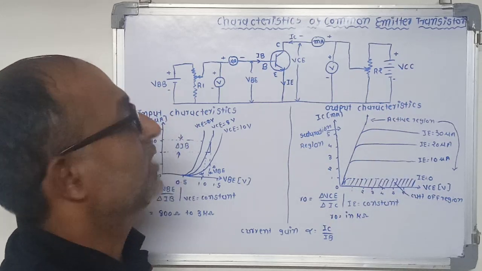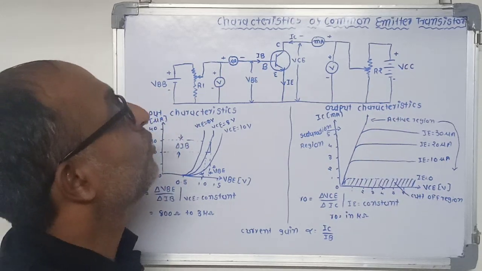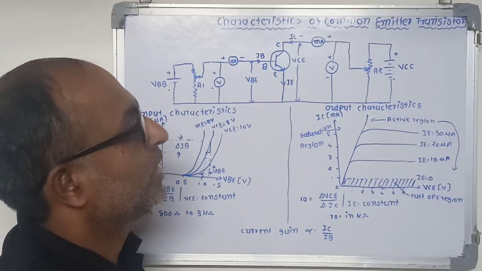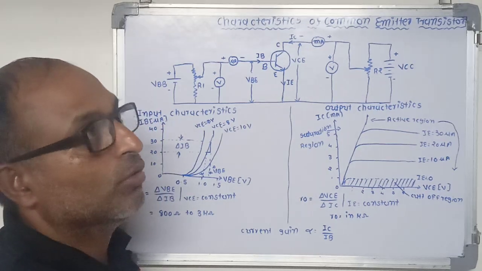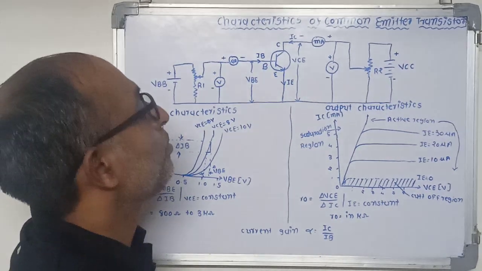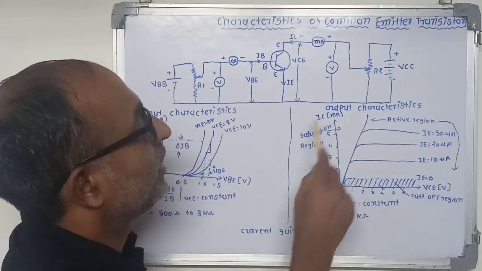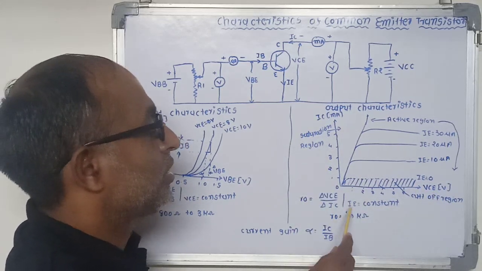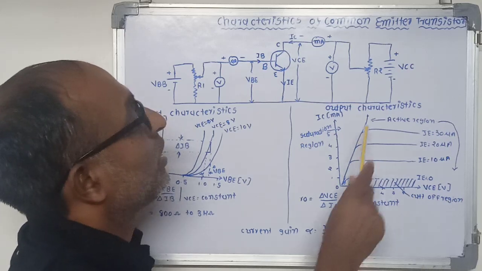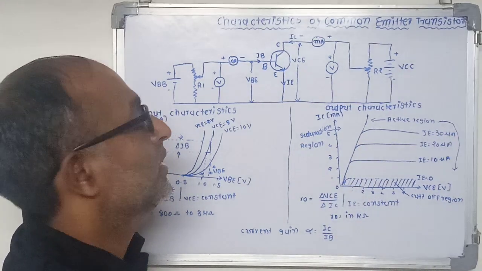Output characteristics. Now the output characteristics of common emitter transistor. A curve drawn between collector emitter voltage and collector current at constant emitter current is called output characteristics of the transistor.